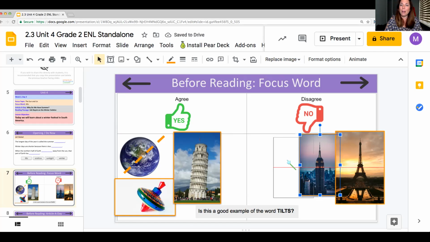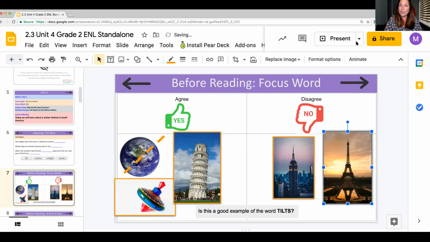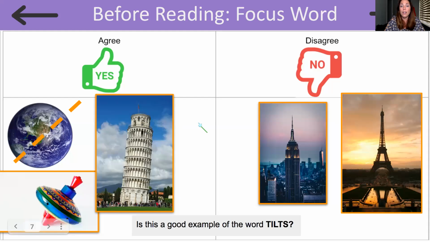So it is a good example. So readers, now that we have sorted those photographs or pictures of our focus word tilts, we know what are good examples of the focus word tilts and what are not good examples.